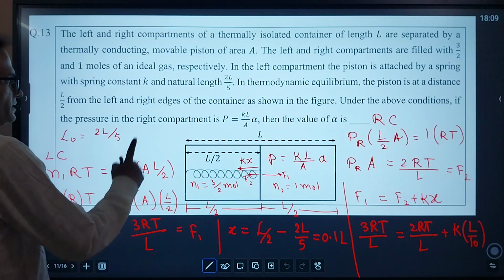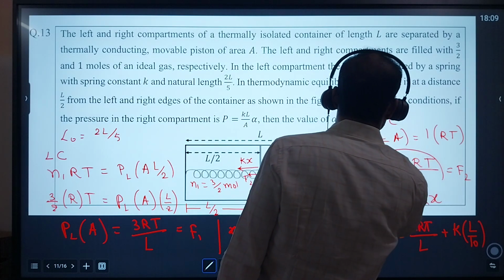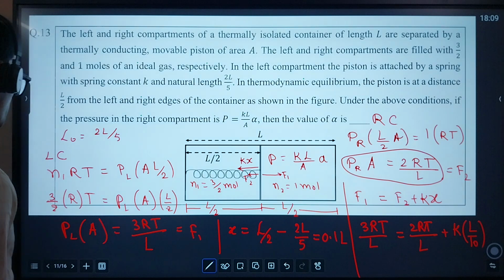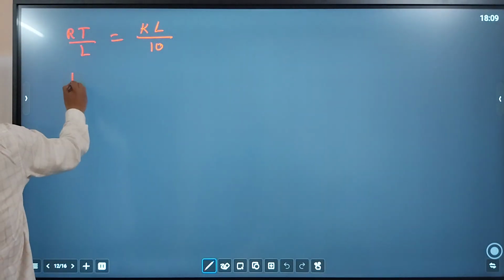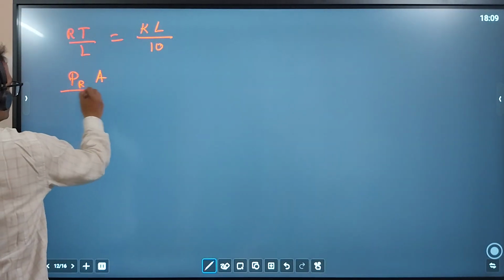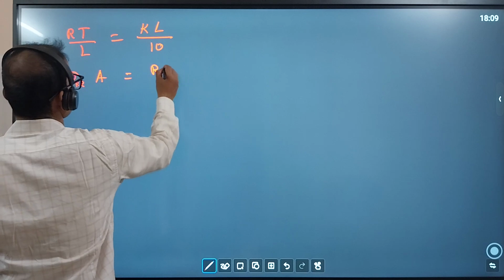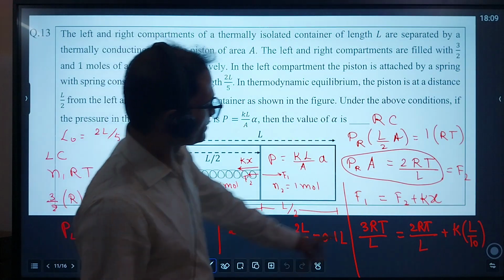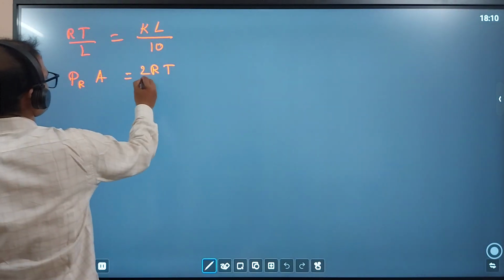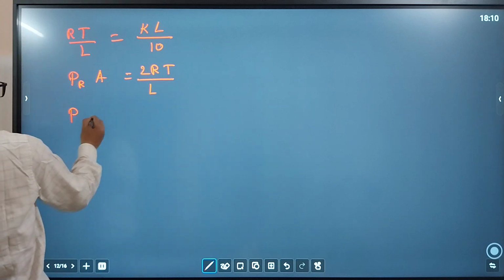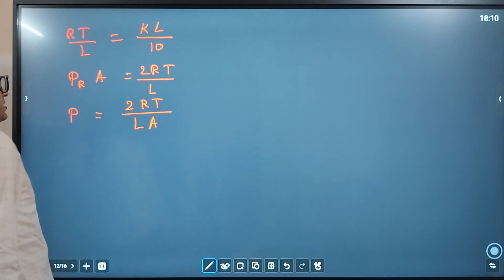Now the P value means PR. PR into A was 2 RT by L, and PR is actually P. It is given in the problem as 2 RT by LA.